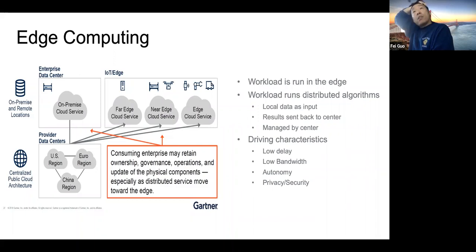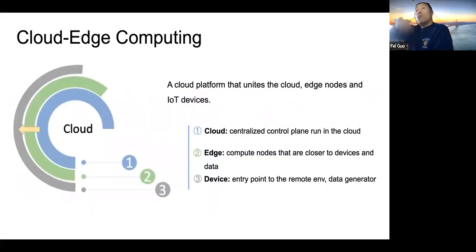So I think edge computing is getting more and more promising in solving real use cases. In general, cloud edge computing is a platform that unites the cloud, edge nodes, and IoT devices. In this architecture, the cloud is typically a centralized control plane, and the edge is composed of compute nodes that are closer to devices or data.